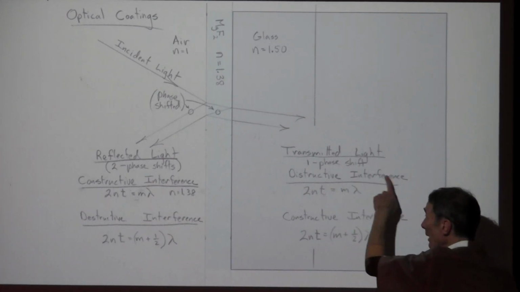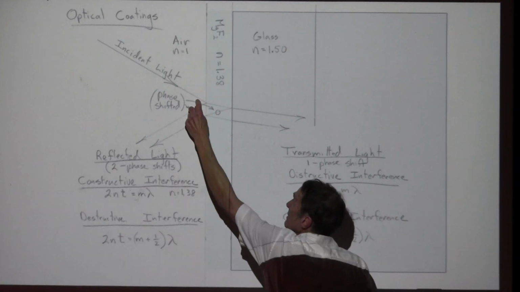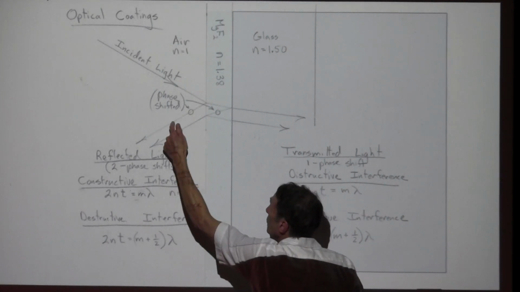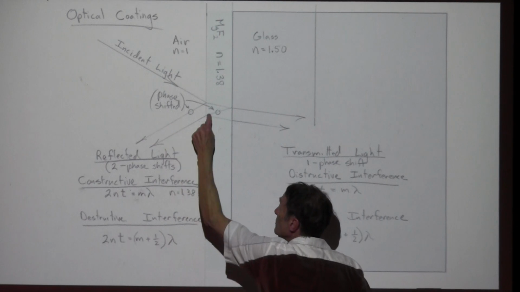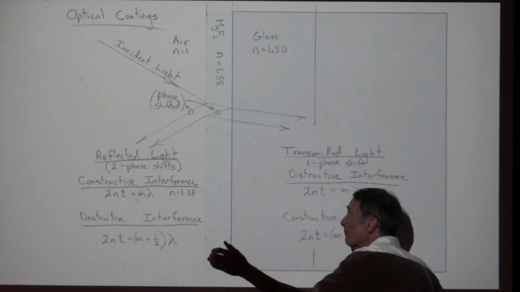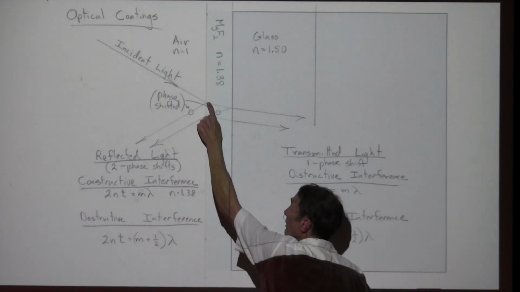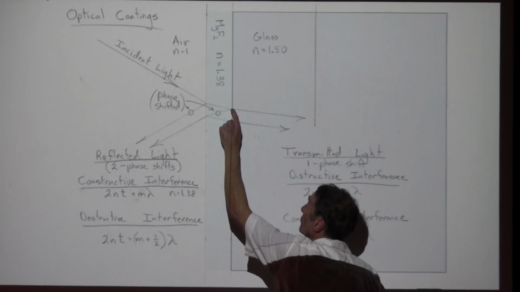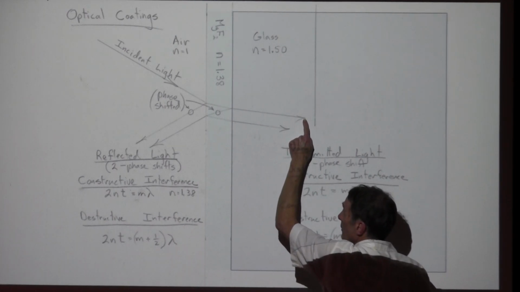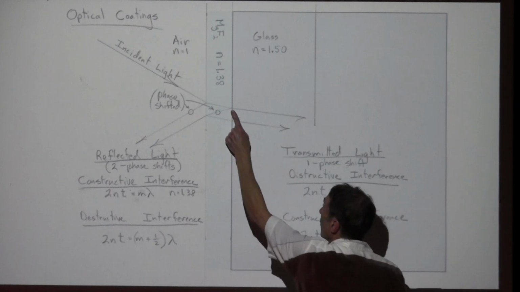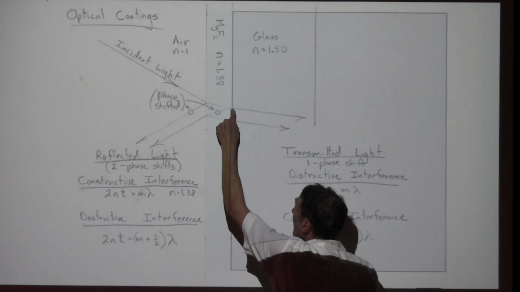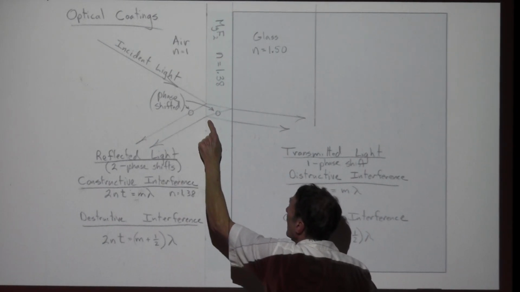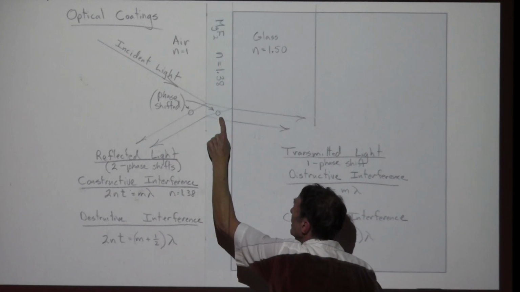Now, for transmitted light, take a look at this. This has come in. Of course, the reflected light was phase changed, but the transmitted light is never phase shifted when it comes through. It transmits through, and it will go through this medium and travel right straight through with no phase shift. Then we have this one that reflects off here.